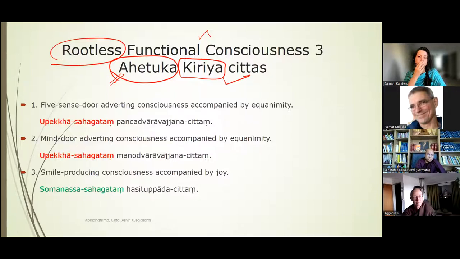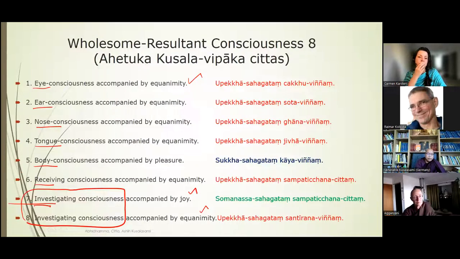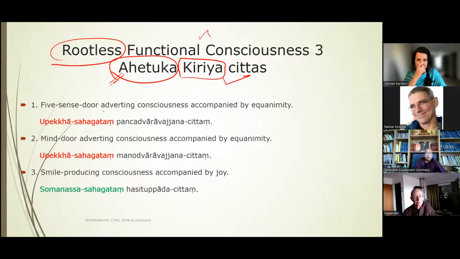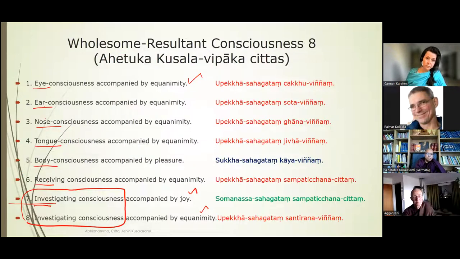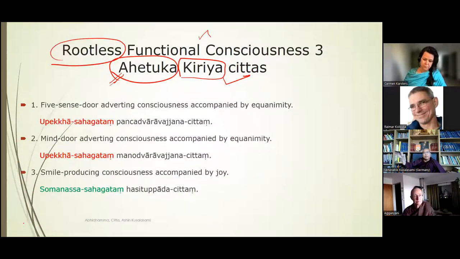The five sense doors are eye, ear, nose, tongue, body. This consciousness comes before the eye consciousness, receiving consciousness, investigating consciousness, and other good or bad consciousness. This one is very difficult to explain at the moment, so only later can I explain more.